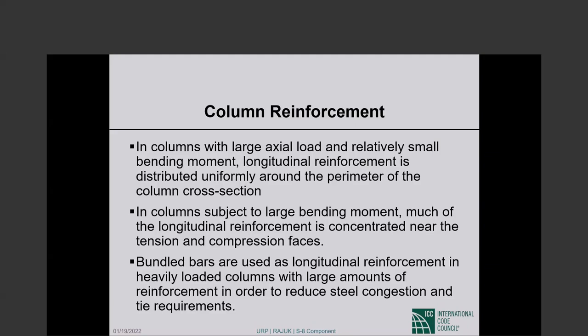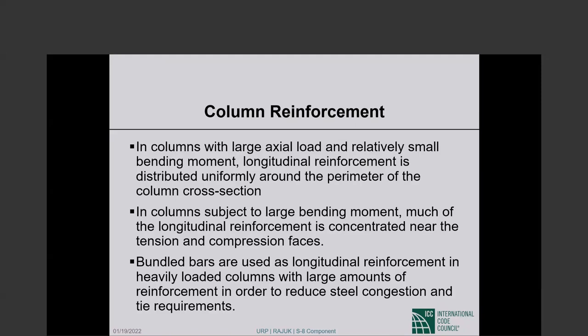Bundled bars are used as longitudinal reinforcement in heavily loaded columns with large amounts of reinforcement in order to reduce steel congestion and tie requirements. Bundled bars, three bars or more bundled together, tied together, I would again say that they used to be much more common than they are today.